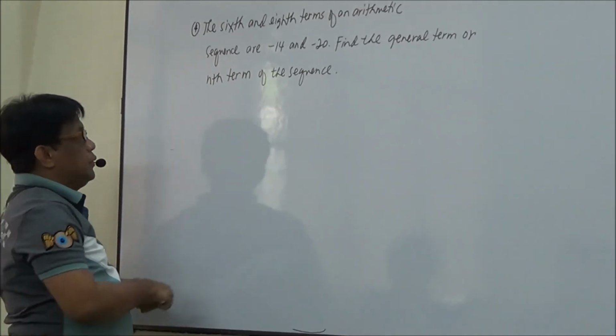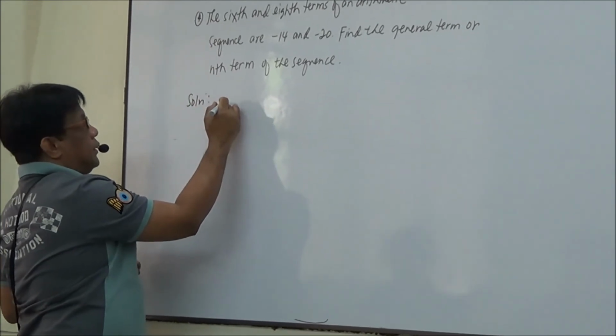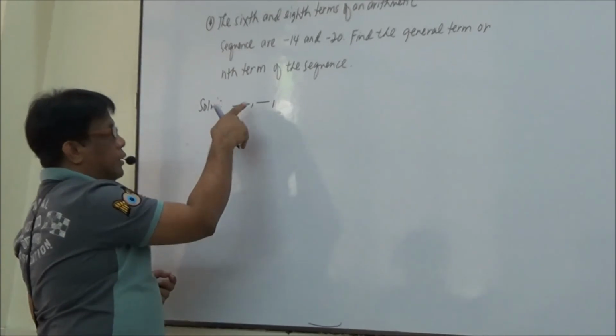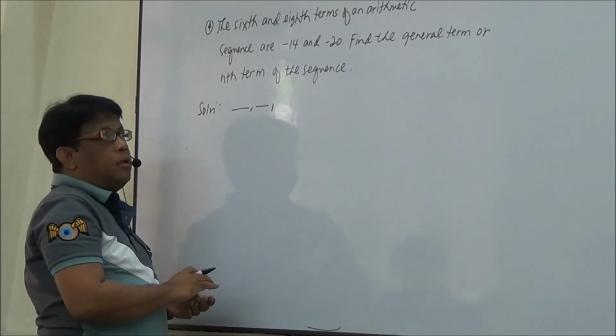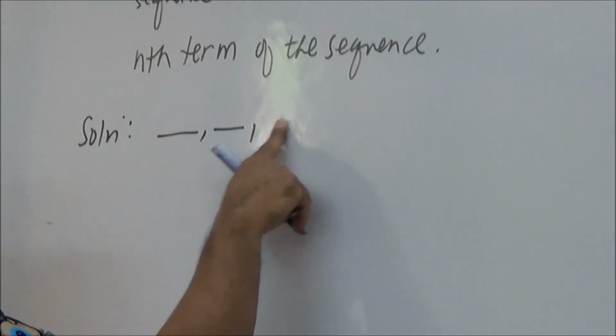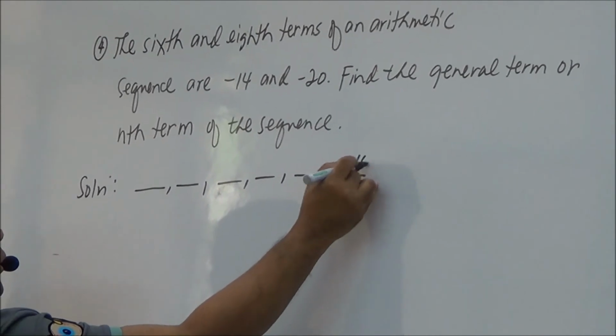So we have now given the 6th and 8th terms. Again, let us have this way to solve for the unknown here. You have 1, 2, 3, 4, 5, 6, so we have this as negative 14.